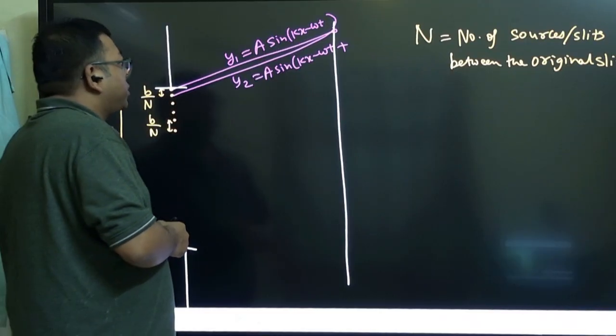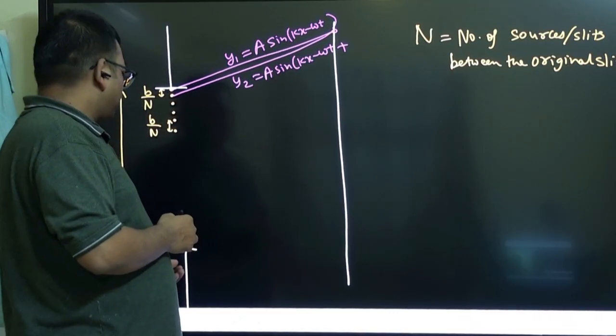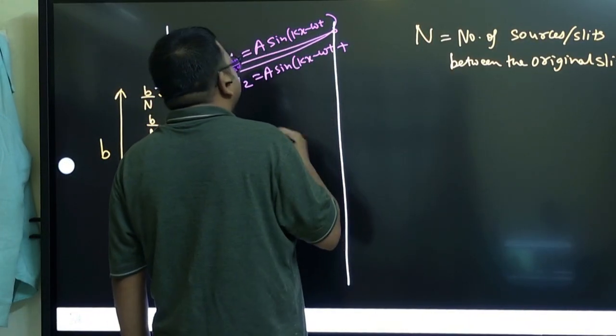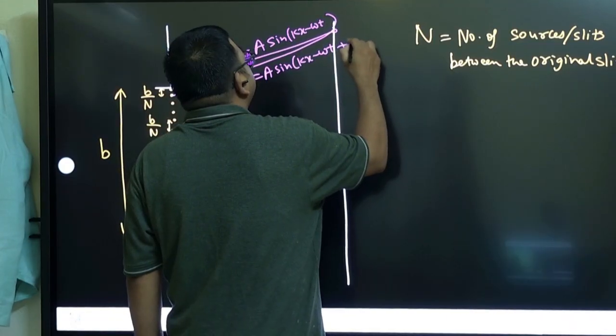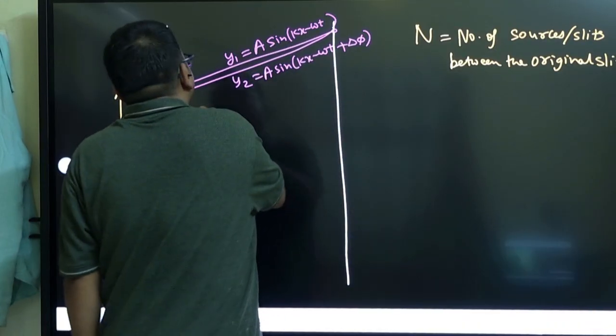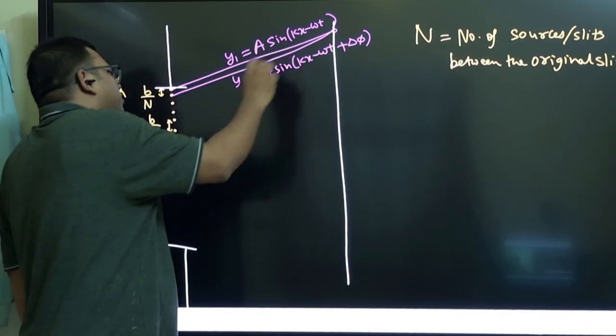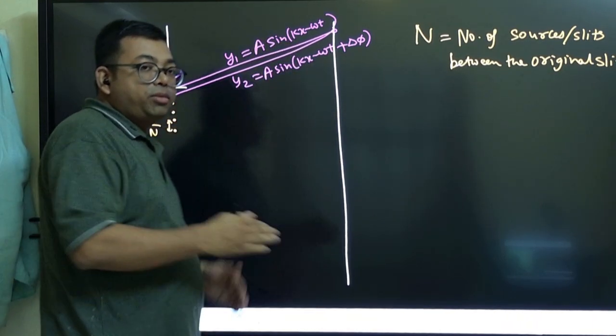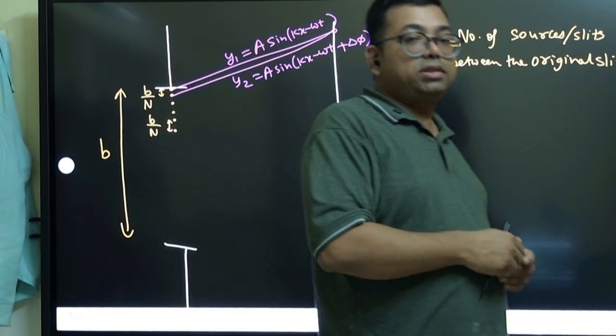So the total phase difference is something, let us write some phase difference between them. I am writing this phase difference as delta phi. Similarly, the next one will be there. The next wave will also come, that will have 2 delta phi from the original, because they are separated by equal distances.